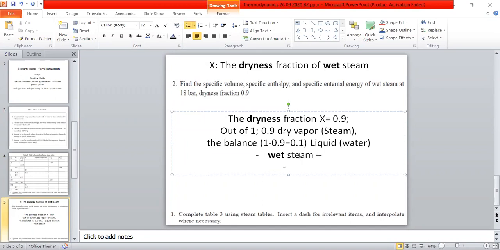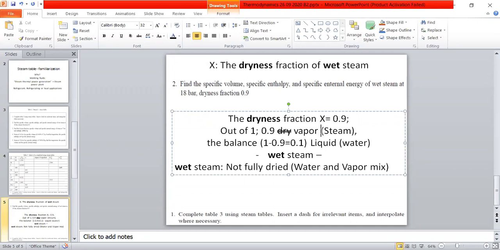Also, if you think of wet steam, another piece of knowledge for you: it tells that it is not fully dried, which means this is a water and vapor mix.